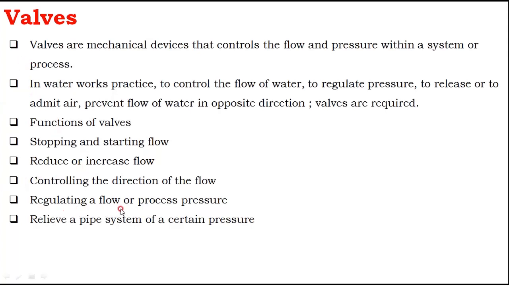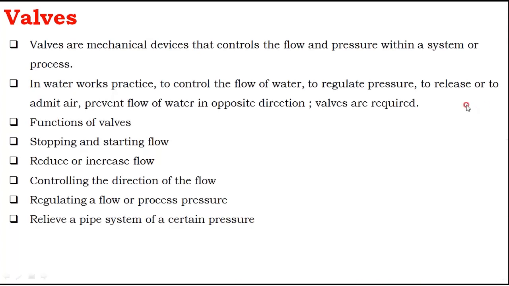Then regulating a flow or process pressure. You can regulate that, just like the regulator for a fan, with which you can increase or decrease the fan speed. That regulator regulates the flow of current. In the same way we have some regulators, and by using those regulators we can regulate the flow of water.